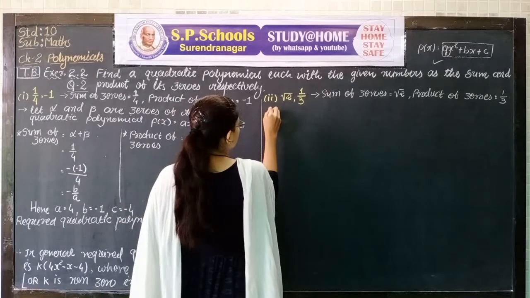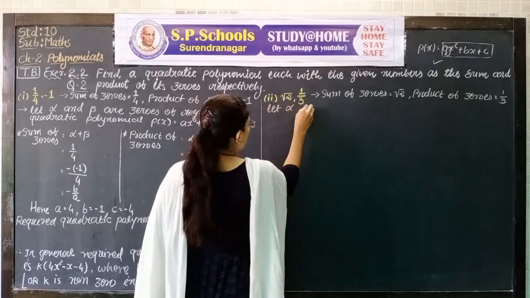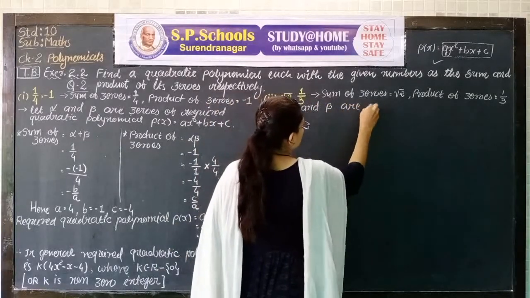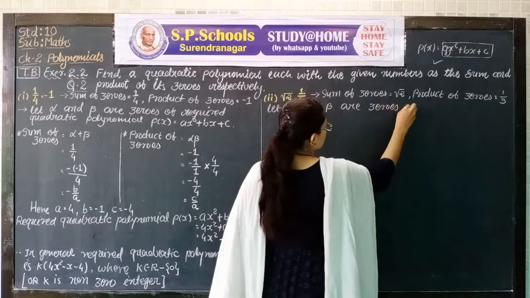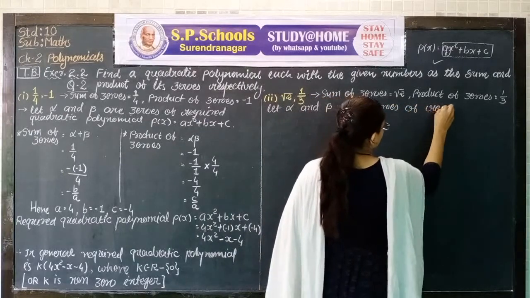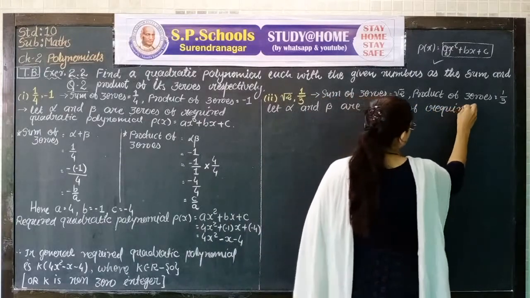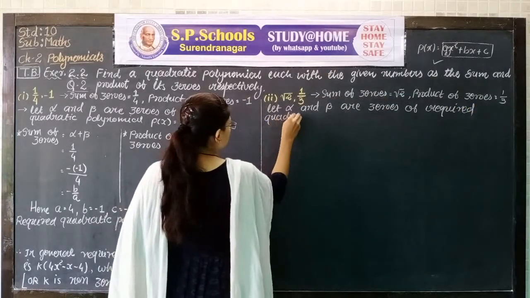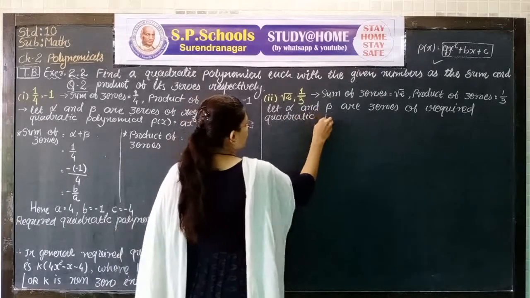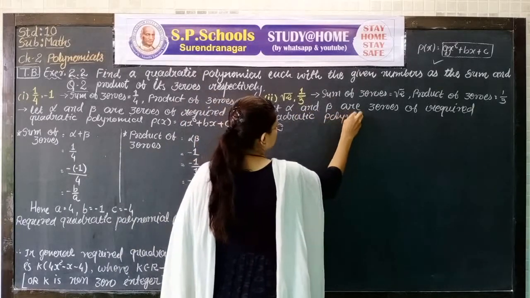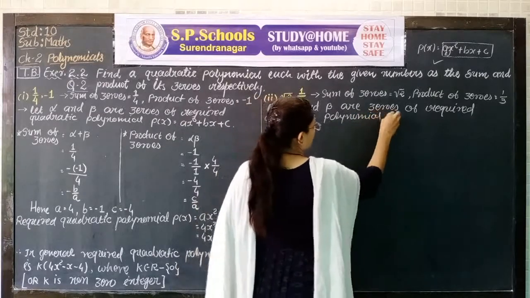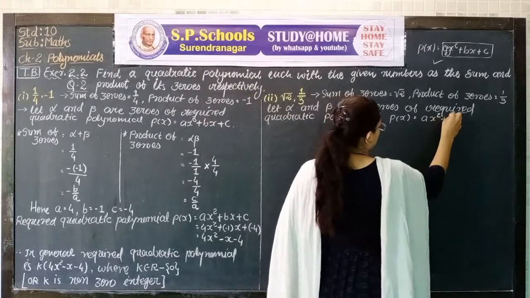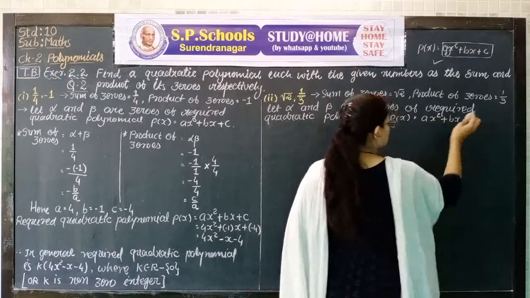First of all, we have to take two zeros. Let alpha and beta be the zeros of the required quadratic polynomial. P of x is equal to ax square plus bx plus c.